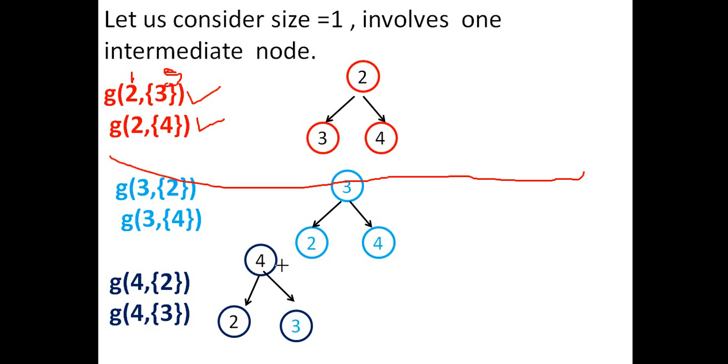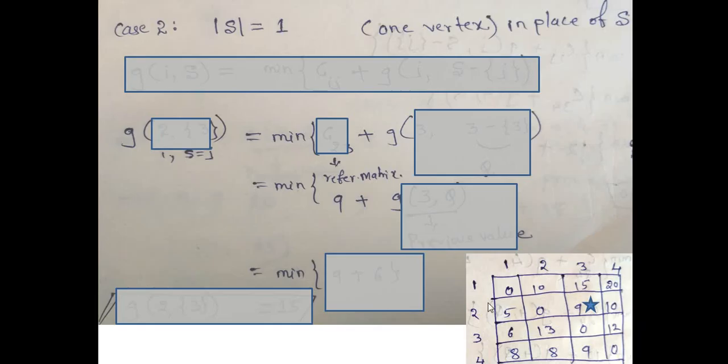S value. Now similarly we have to calculate 3 to 2, 3 to 4, 4 to 2, 4 to 3. So first stage, from which vertex to which vertex it has to travel, that we have to calculate. Our aim is to find the minimum cost. So to find the minimum cost, we have to calculate all individual vertices cost.